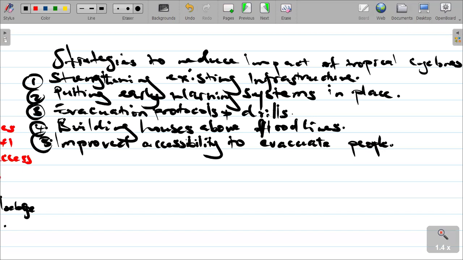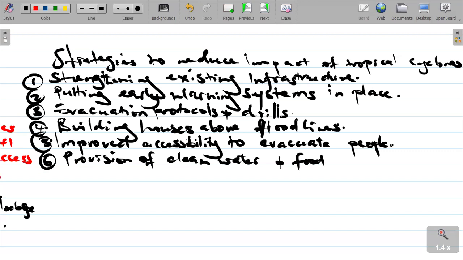We talk about storage or provision of clean water and food supplies, provision of clean water and food supplies to people who are affected by these tropical cyclones.